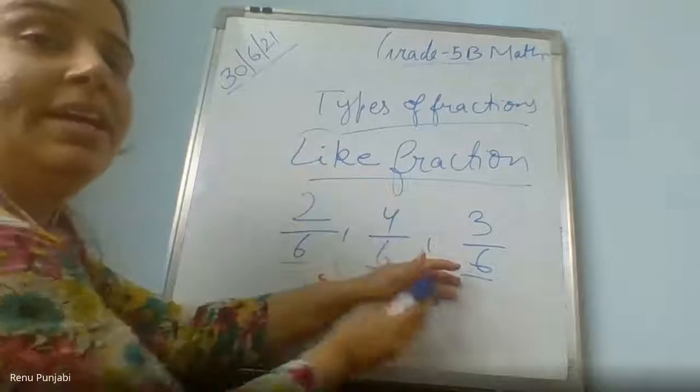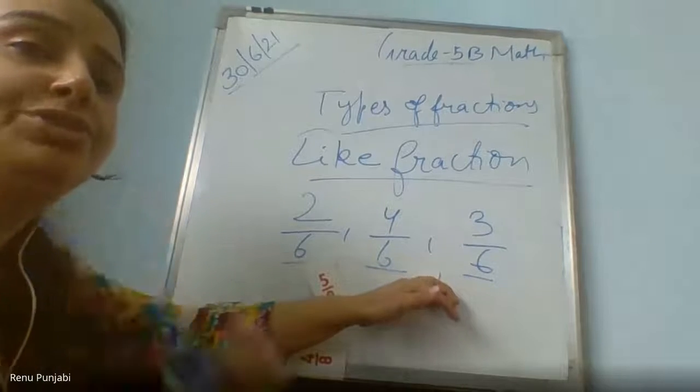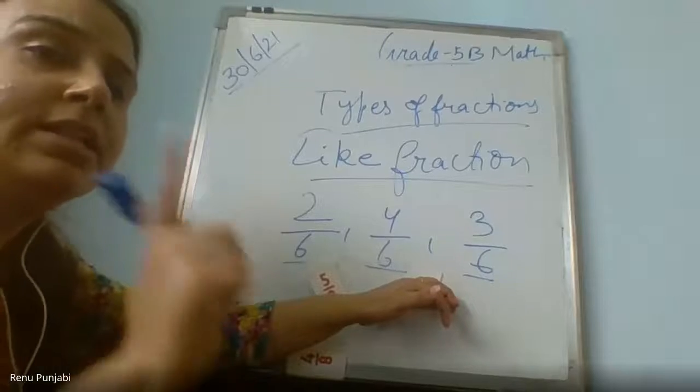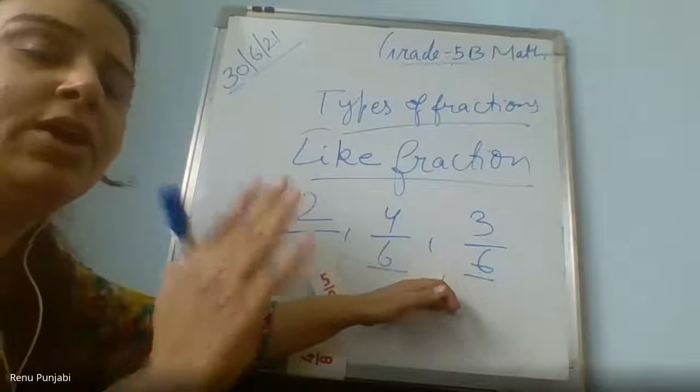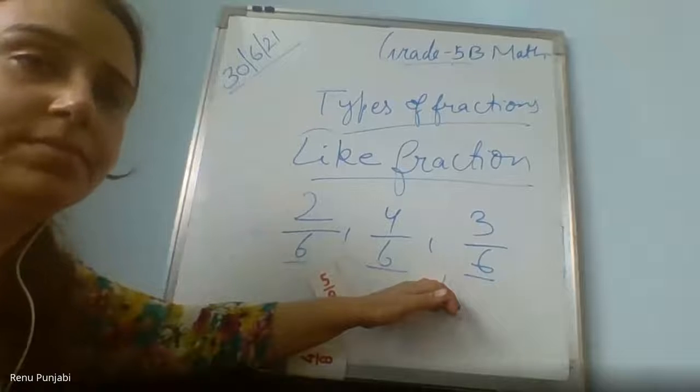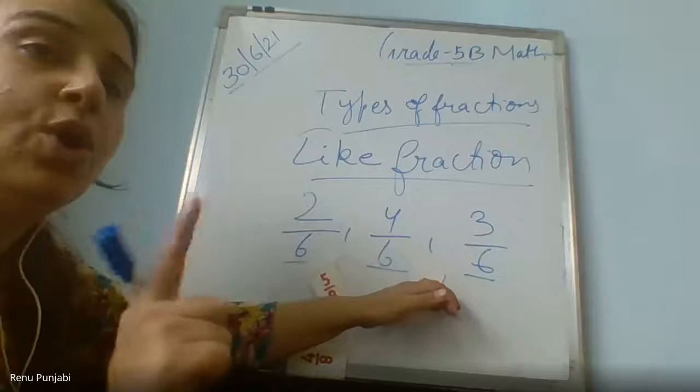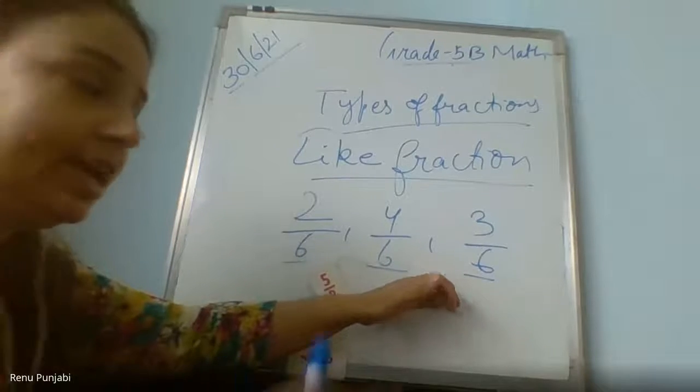So what is the similarity in these fractions? Numerator same. My dear student, first of all, you should be very comfortable with the words you are using. If you say numerator, your answer will be wrong. Don't guess the answers here. It is visible.